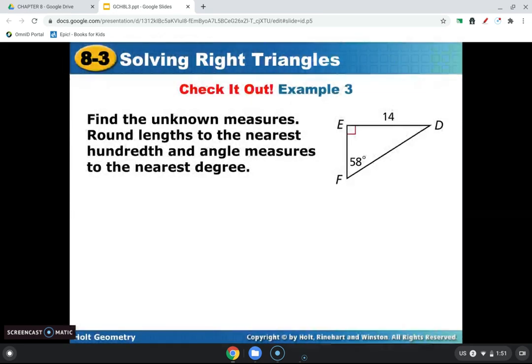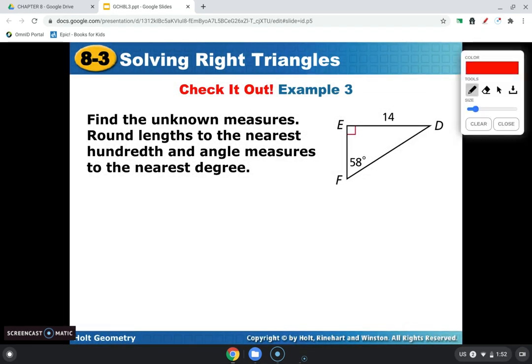Let's try that again. If they give you two of the angles, it's easy to find D. We just take 90 minus 58, which is 32. Okay, now we are going to need to find X and we are going to need to find Y because we don't know those sides. All right, so let's use 58. 14 is opposite. Y is hypotenuse.